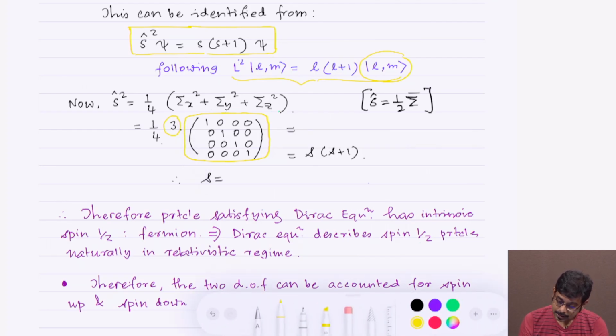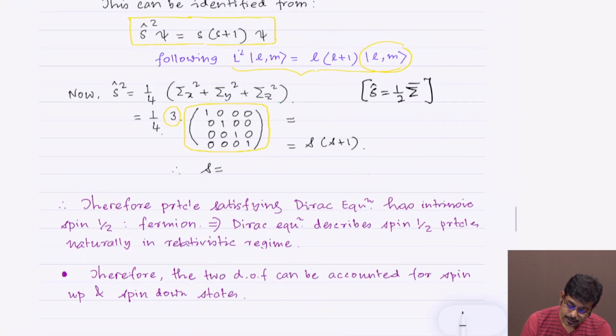In a sense you can say that S squared is nothing but 3/4 times the identity matrix, and this must be equal to s(s+1). So, s(s+1) equals 3/4.